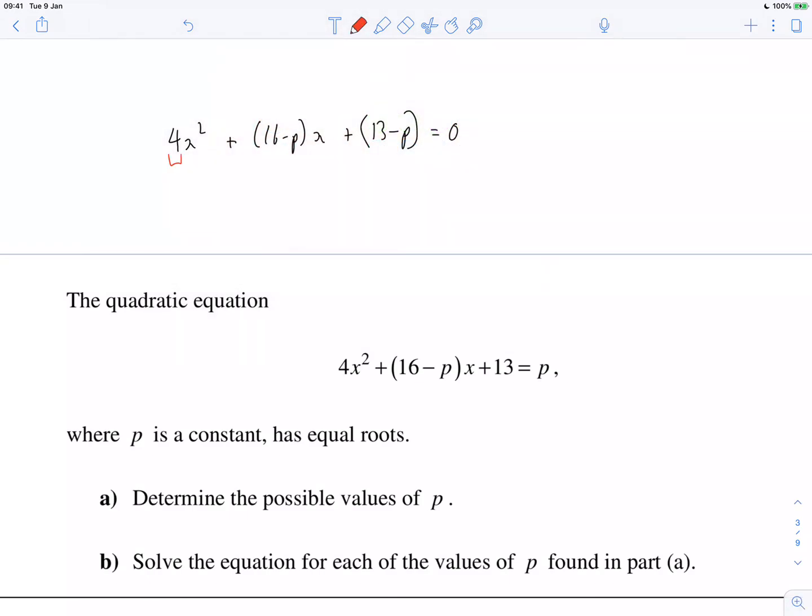And 4 is our a, 16 minus p is our b, and 13 minus p is our c. And if it has equal repeated roots, that means b squared minus 4ac equals 0. So what does that mean? It means b, which is 16 minus p in this case, squared, minus 4 lots of a, which is 4, lots of c, which is 13 minus p, that equals 0.